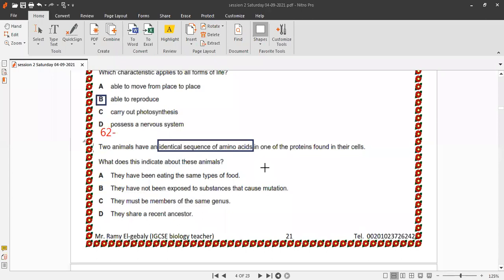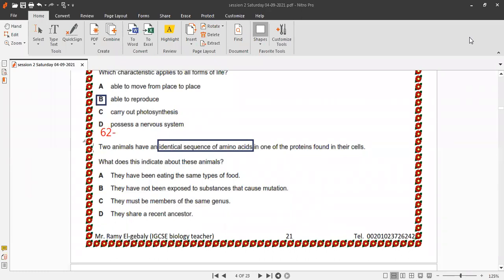Why not C? Can anyone answer why not C? Because animals of the same genus don't have the same base sequence, at most a similar one, but animals of the same species must have an identical base sequence.